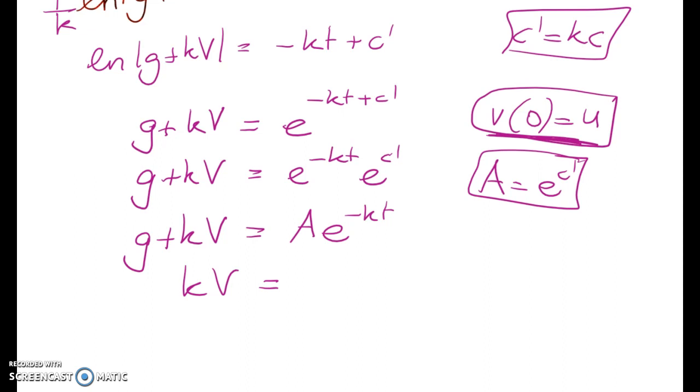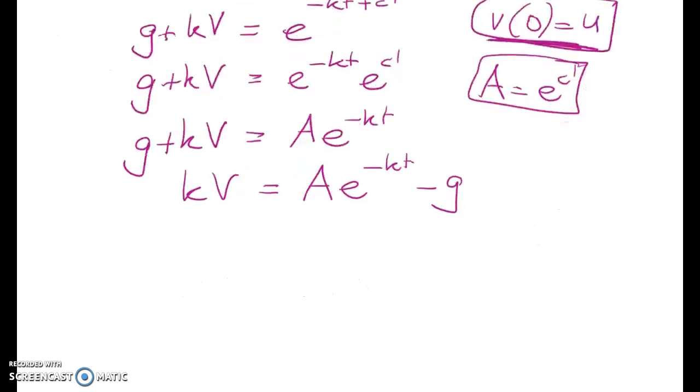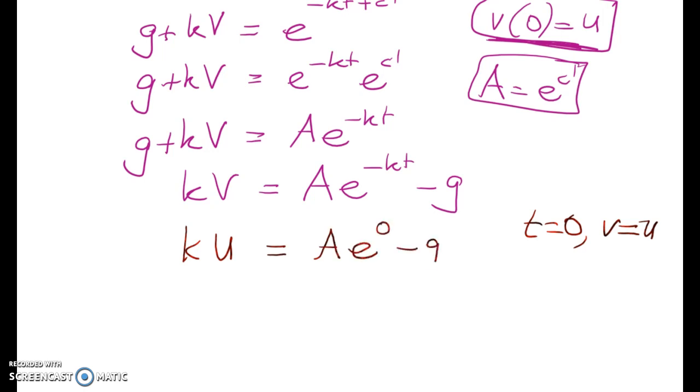Kv is equal to A e to the negative kt minus g. Now I think now is probably about time that I want to substitute in when t equals 0, v is not equal to v, it's equal to u. So that gives me ku is equal to A times e to the 0 minus g.